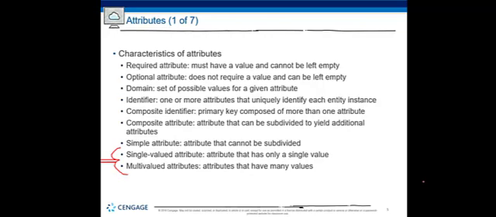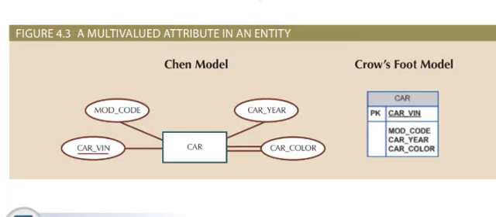So wherever you identify multi-valued attributes in a table, know that you need to pull that out into a new entity. Here is an example from the textbook. We have here in the text on page 117 ER diagrams using Chen model and Crowsfoot model. And it's decided that a car can have a color as an attribute, but then on consideration, a car can have more than one color. Maybe, what's color mean? The interior color, the top color, the body color.